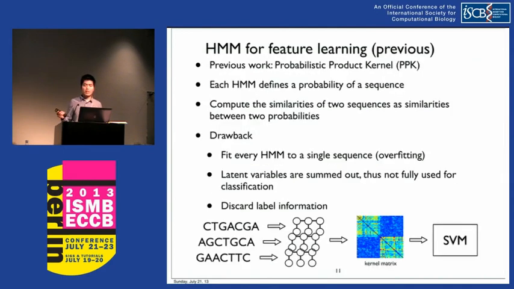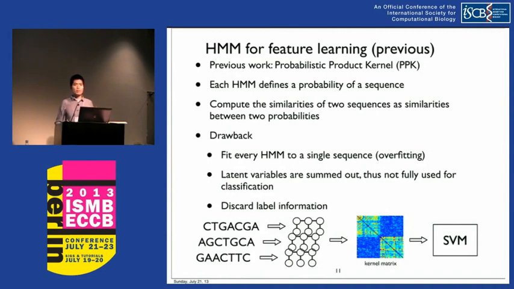There are some previous attempts in a similar fashion called the probabilistic product kernel, PPK. In the PPK, it fits one HMM to each sequence and then computes pairwise similarities between the HMMs.